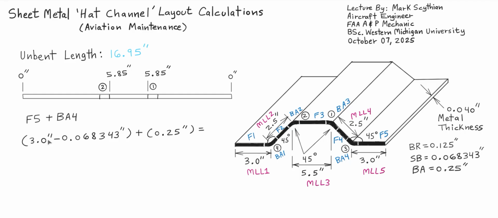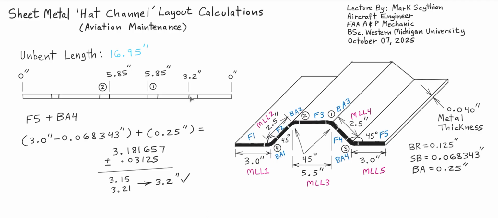So again, we will take the flat 5, subtract the setback from this and add this to one setback, which is our one bend allowance, which is bend allowance 4.25 inches. So we get this value here, and we can plus or minus the tolerance 1/32 inch. So we can actually use 3.2 inches as the start bend point from both ends.